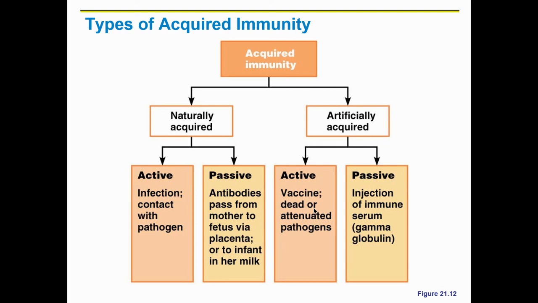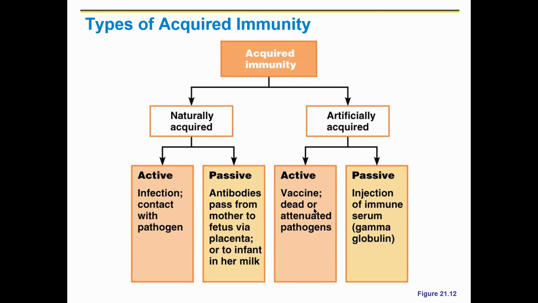And when that fetus is born, it will have those antibodies and be immune, at least temporarily, to whatever she was immune to. If that mother breastfeeds, she can pass antibodies in breast milk. And so she will continue to give her antibodies to the infant as long as she continues to breastfeed. It's a very natural way to get antibodies.